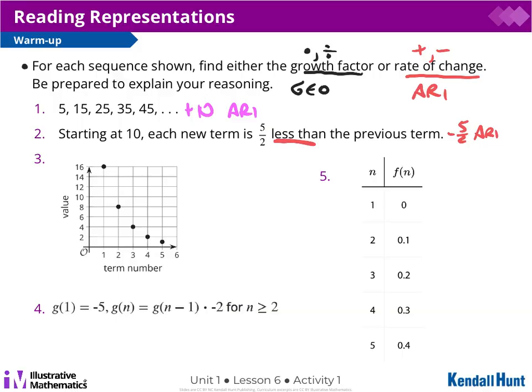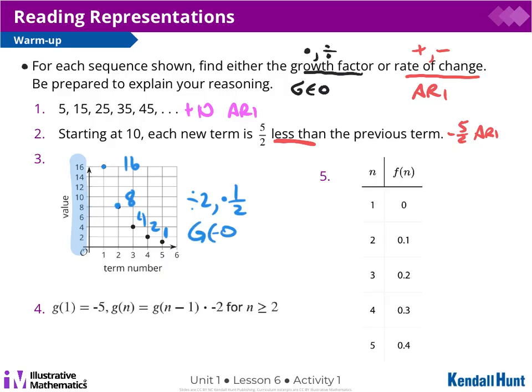Remember, a sequence is the outputs. So let's check what we are given here. So we got 16, 8, 4, 2, 1. It looks like it's dividing by 2 or multiplying by 1/2, and that would make that geometric.